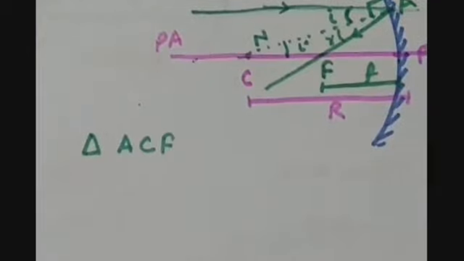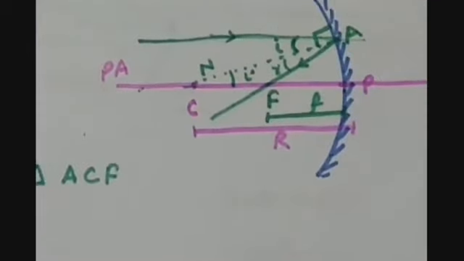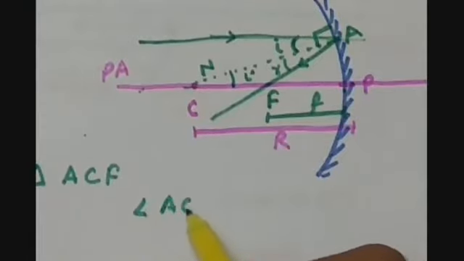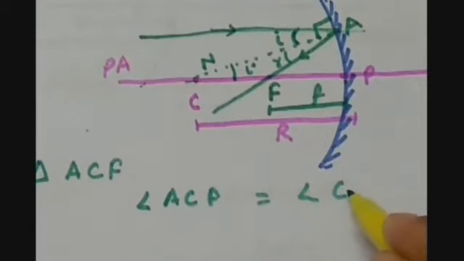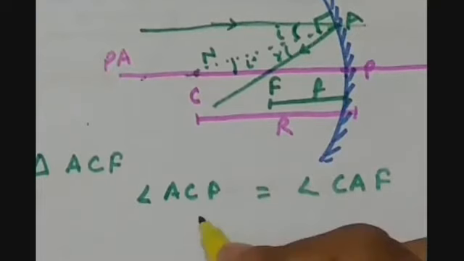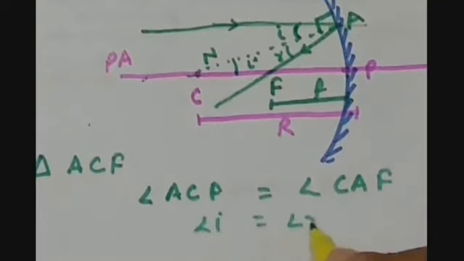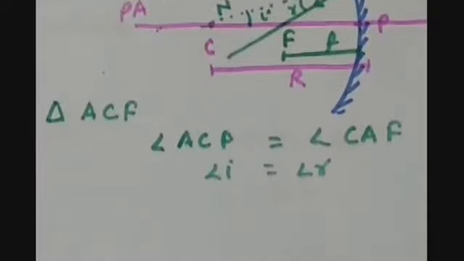Now we have to understand that in triangle ACF, angle ACF is equal to the angle CAF, because angle I is equal to angle R here, according to the law of reflection.